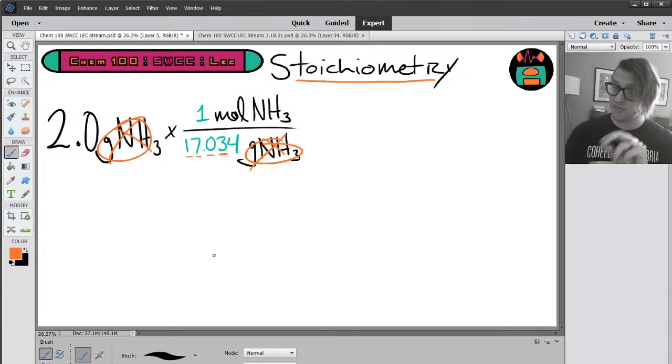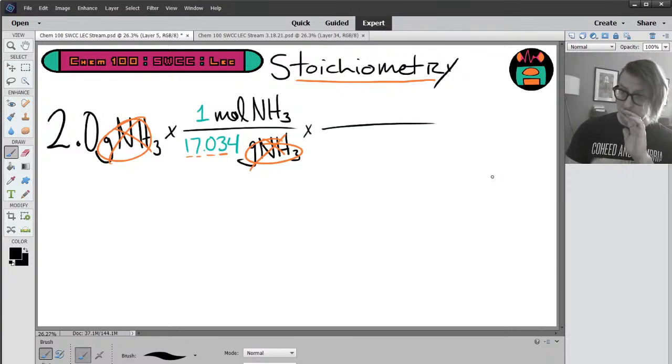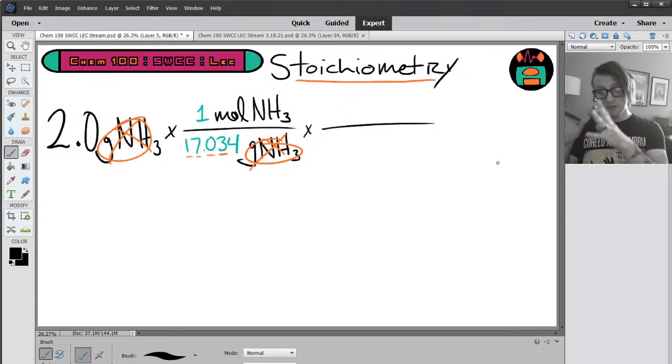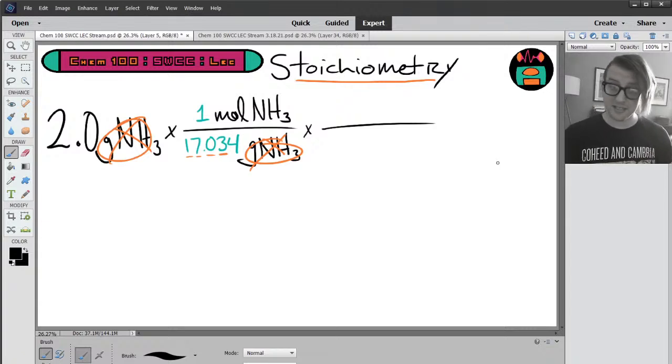Now, we haven't been asked for how many moles of ammonia are in a 2-gram sample. We want to know the number of molecules. And remember, Avogadro's number allows you to convert from moles to things. And in this case, we put moles of ammonia in the denominator.